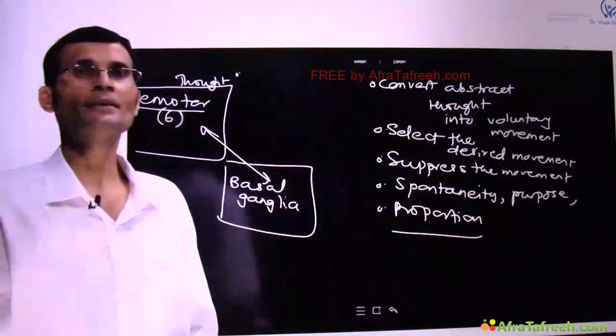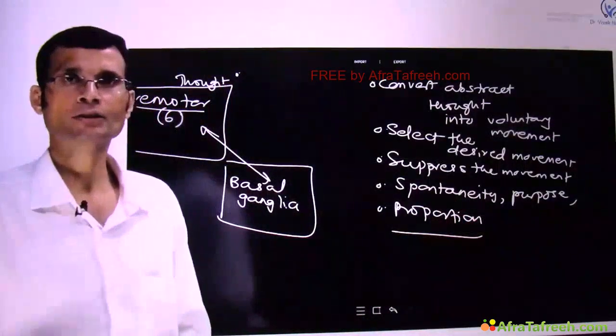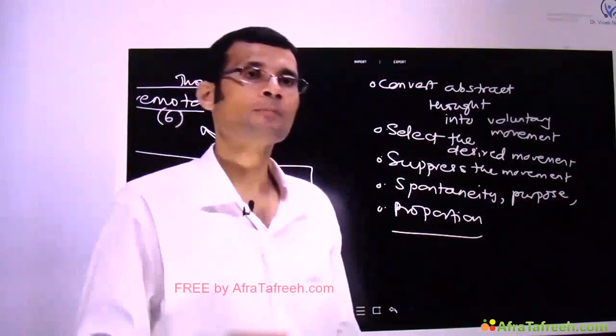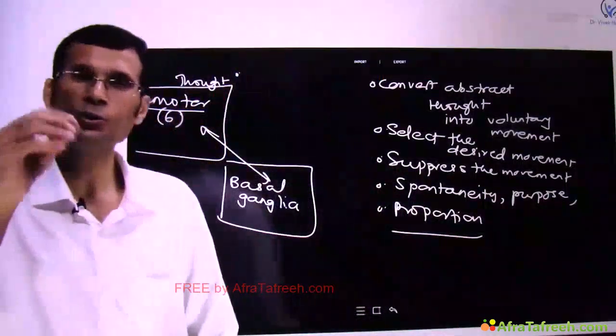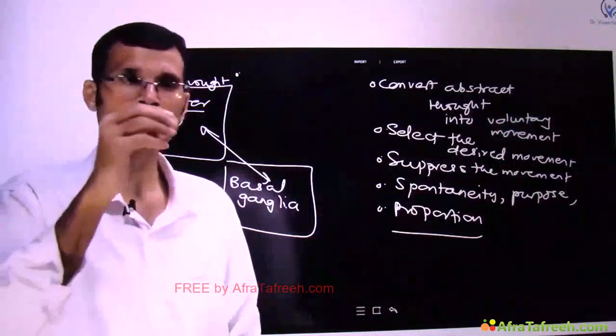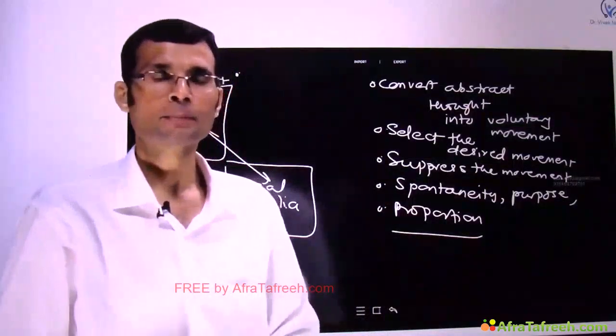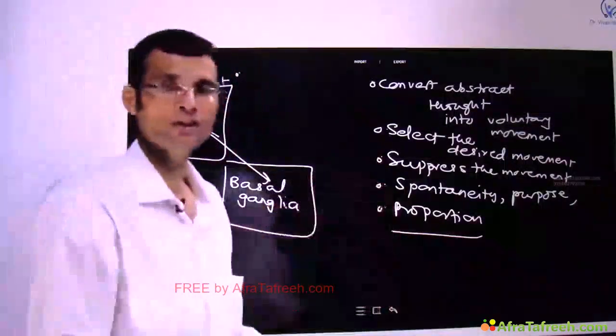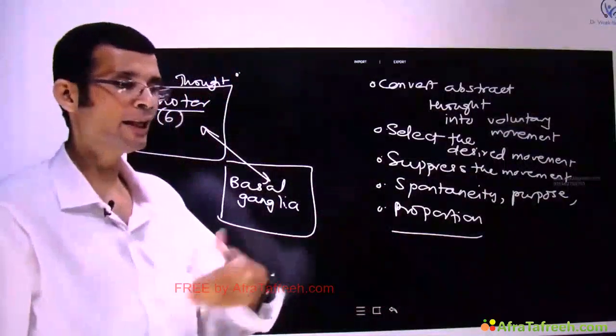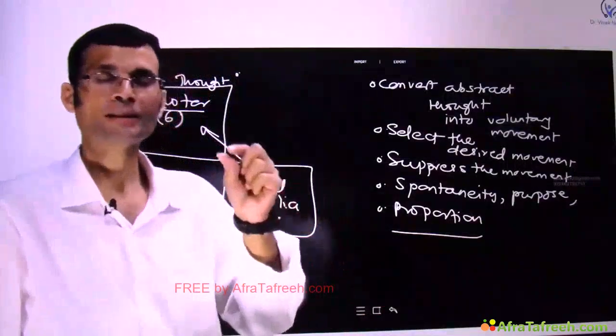With lesions of basal ganglia, for example Parkinsonism, you see the manifestation: loss of proportion results in micrographia. Micrographia means small letters. The person has lost the sense of proportion. If you are writing on a page and it is being read by one person, how much should be the size of the letter?